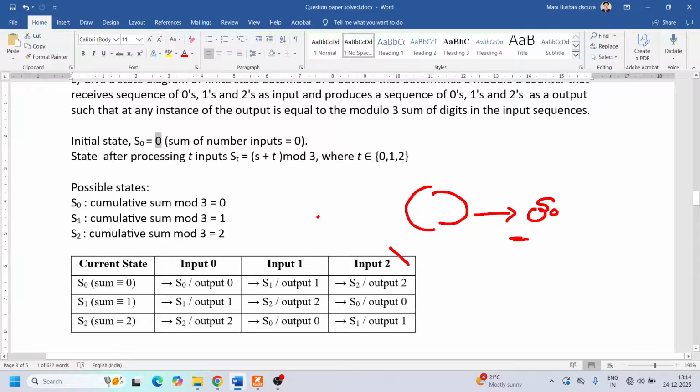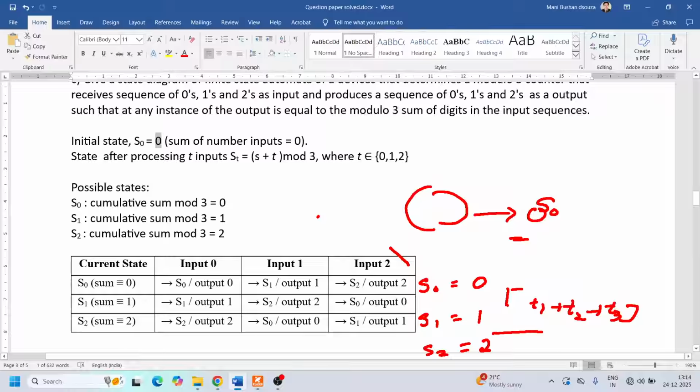So what are the possible outputs you are going to get? Either you are going to get S0, that is the sum is 0, S1, that means the remainder is 1, or S2, the remainder is 2. So when I add 3 inputs, say T1 plus T2 plus T3, and divide by 3, the remainder can be either 0, either 1, or either 2.